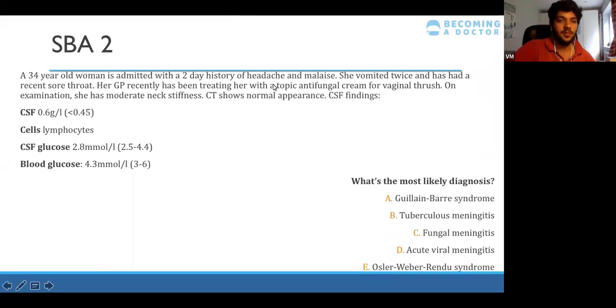A 34-year-old woman is admitted with a 2-day history of headache and malaise. She's vomited twice and has a recent sore throat. Her GP has been treating her with topical antifungal cream for vaginal thrush. On examination, she has moderate neck stiffness. CT appears normal, and here are the CSF findings. Let me just put the poll on.